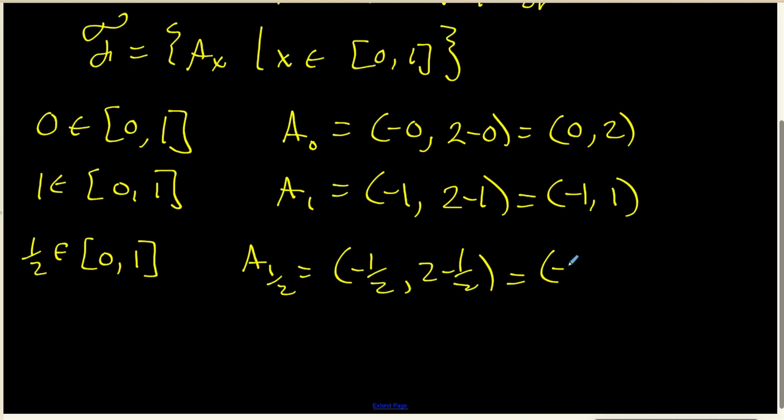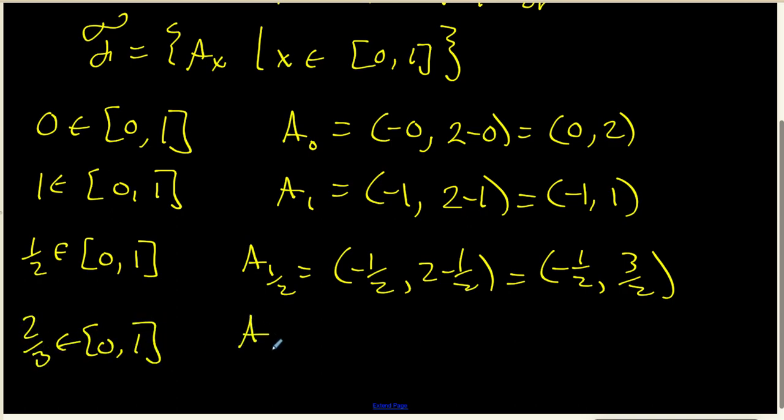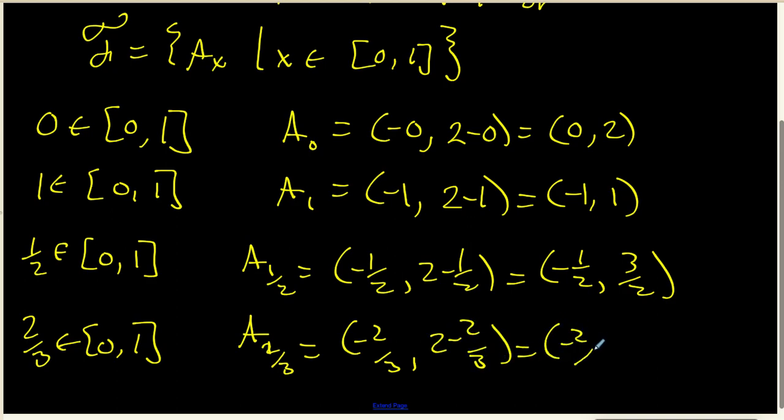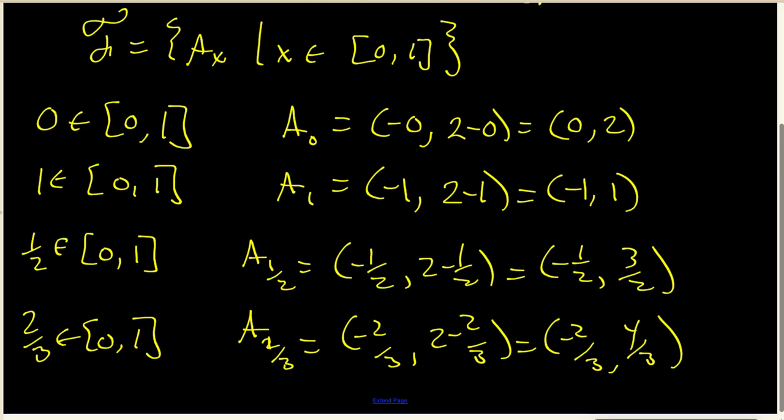In other words, this would be the open interval between minus 1/2 and 3/2. 2/3 belongs to this indexing set, so A sub 2/3 would be the open interval between minus 2/3 and 2 minus 2/3, and 2 minus 2/3 is 4/3.